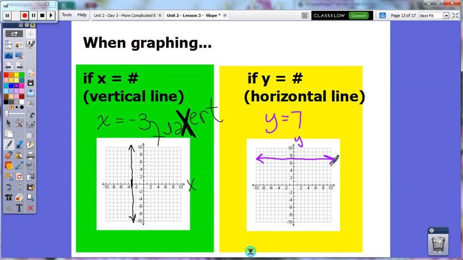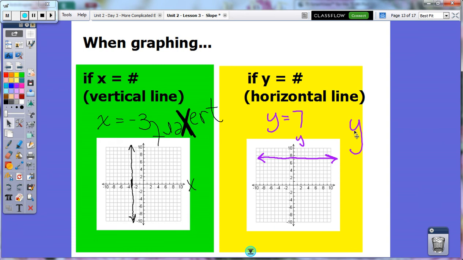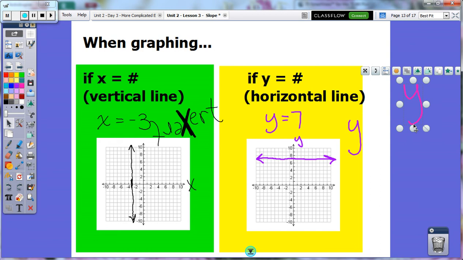Now, this may be another crazy thing, but I remember that because if I write y, and I take that y and I flip it, now it's still a y, isn't it?